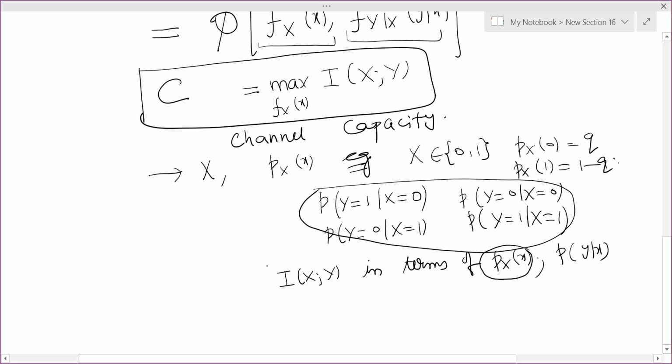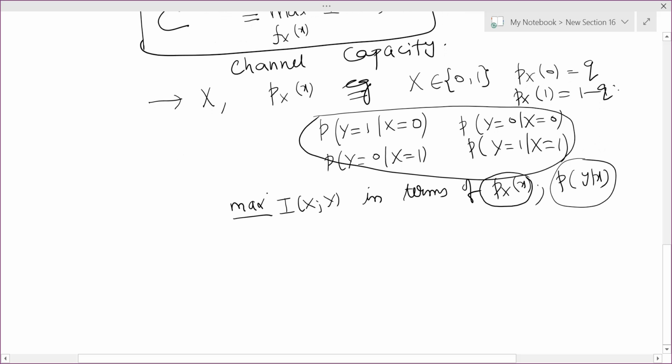Since p_{Y|X} is fixed, you can tune q, and you will maximize I(X;Y) with respect to q. Now this is in case you have a discrete channel. We can also have a continuous channel, which we will study very soon.